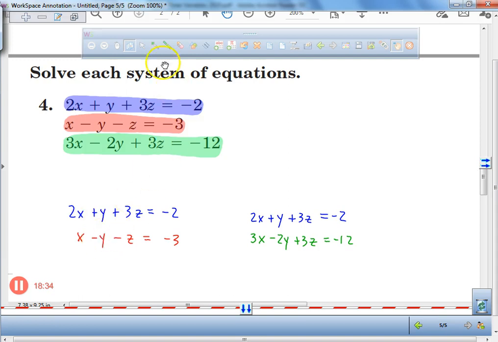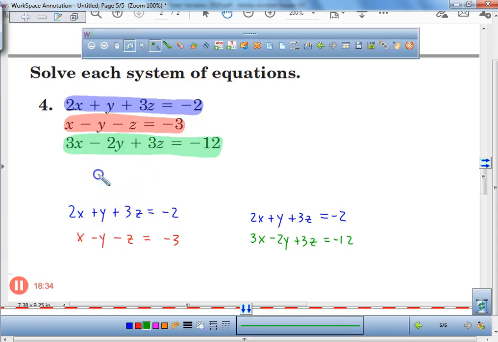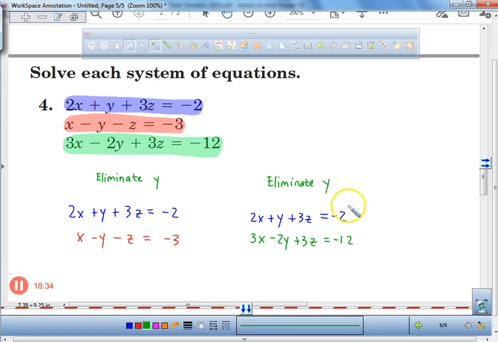So this is why I'm going to make a choice, guys. Am I always going to start by eliminating y's? No, I'm not. The reason I'm going to eliminate y here, even though my equation is really ugly, is because if I add these equations together, I can get rid of one automatically.